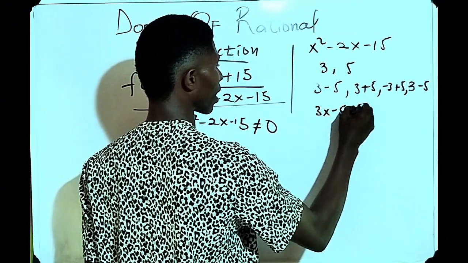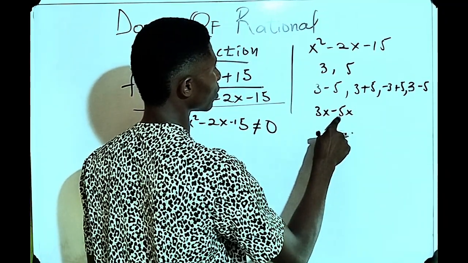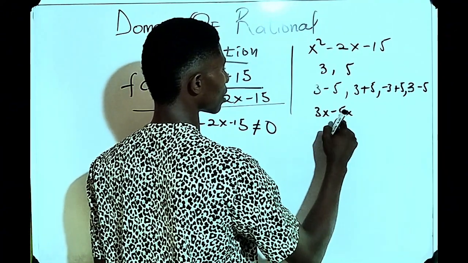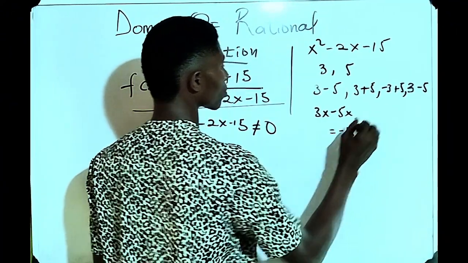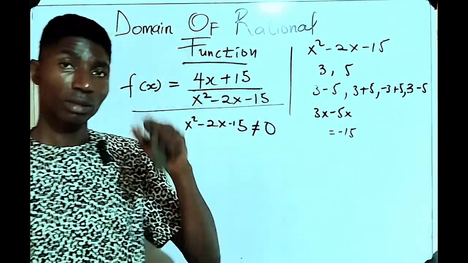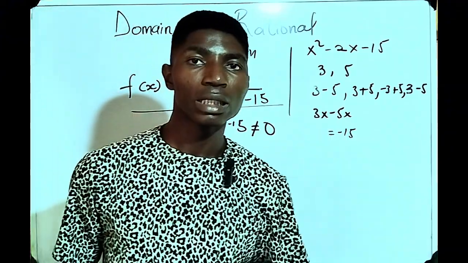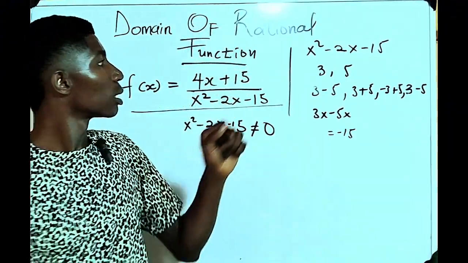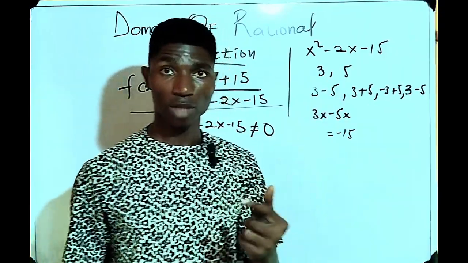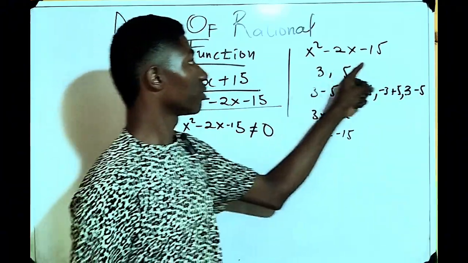3x minus 5x. Now, 3 times 5 is what? 15. Right? 3 times minus 5 is what? Minus 15. So, these are the factors. Factors of 15 are what? 1, 3, and 5. You look for the pair that, when you add or subtract, gives minus 2, or when you multiply, gives minus 15.